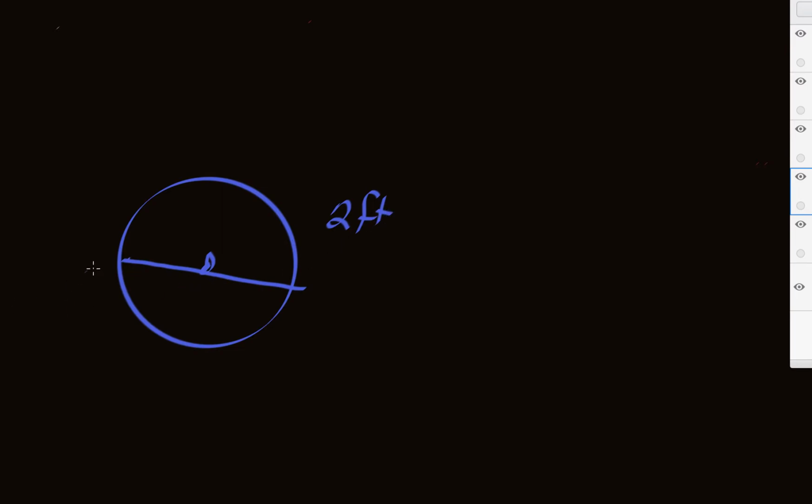right? And they say the car drives, let's say 20 miles an hour, mph. We want to know the angular speed, right? The radians per minute if it's driving 42 miles an hour, right?